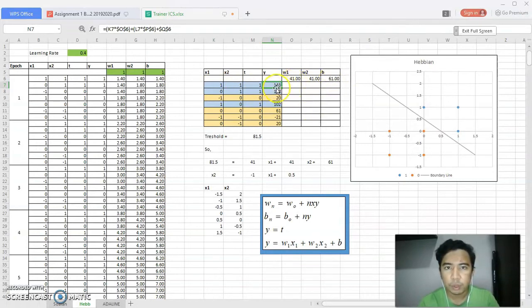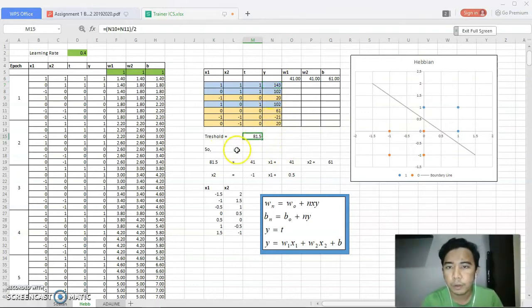So we will get 143. We repeat this method using this equation to determine the value of y in this column. So to determine the value of threshold, 102 and 61 divided by 2, we are able to get 81.5 for the value of threshold.